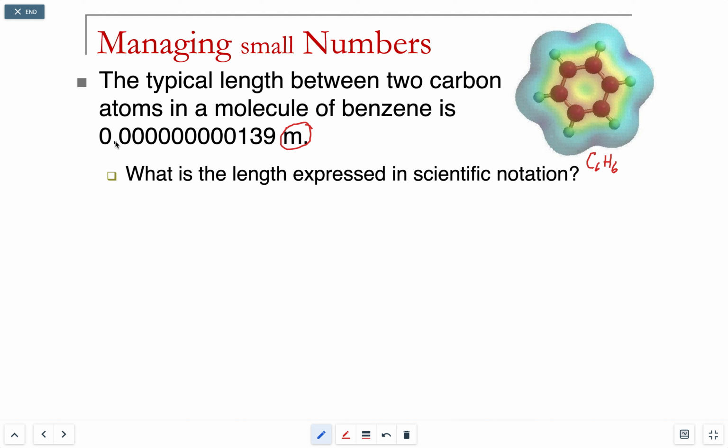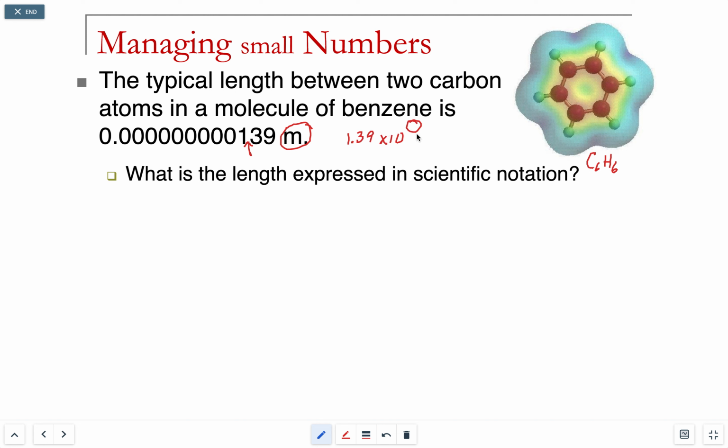So here, if I move the decimal point to the right, I am in effect making the number larger by 10 each time, which means I need to express it like this, to some number here.